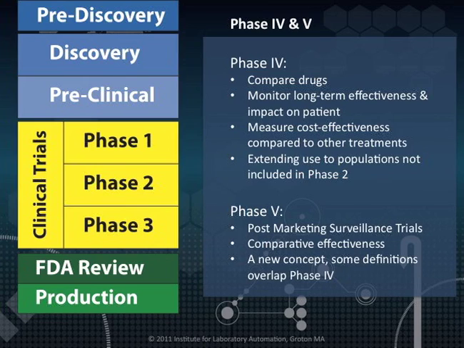In Phase 4, the company continues to monitor the long-term effectiveness and impact on patients in case there are conditions or situations that occur that will only show up after long-term use. They also monitor the cost-effectiveness of the treatment in comparison to other treatments to make sure that patients and doctors are getting the best information and making the best decisions on treatment programs.